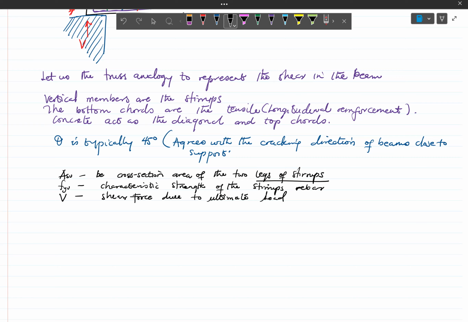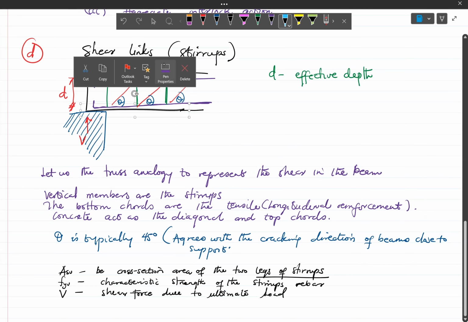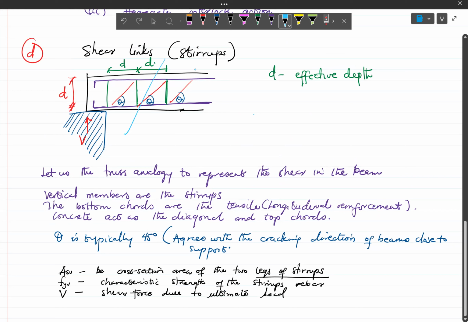So if we take a section through this, let's call this section XX.